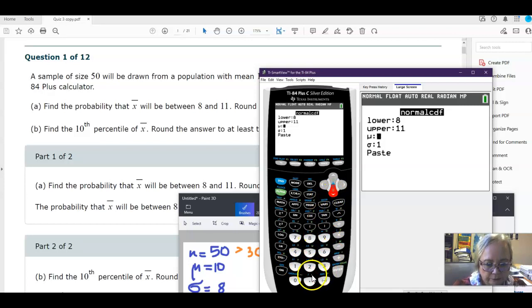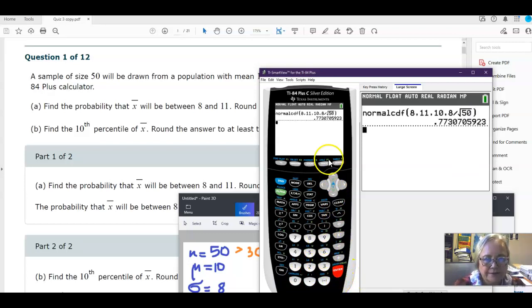Mu x bar is 10, as we wrote here, and sigma x bar is sigma over square root of n. So 8 divided by 2nd square root of 50. Close parentheses and paste. And we have the answer 0.7731.